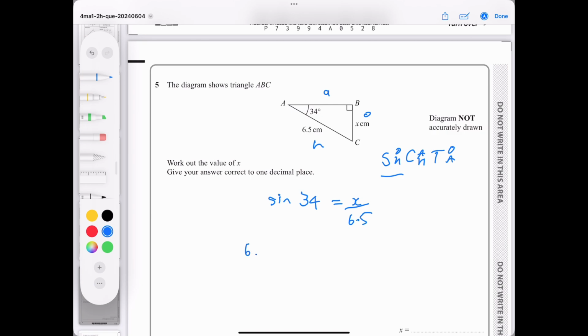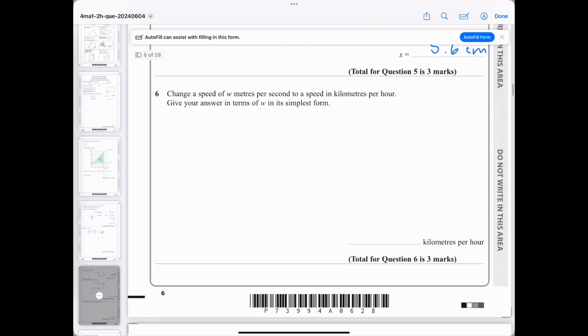Times that out, so 6.5 sine 34 equals x. So sine 34 times 6.5 equals 3.6 centimetres. And I think I'm just going to do one more.